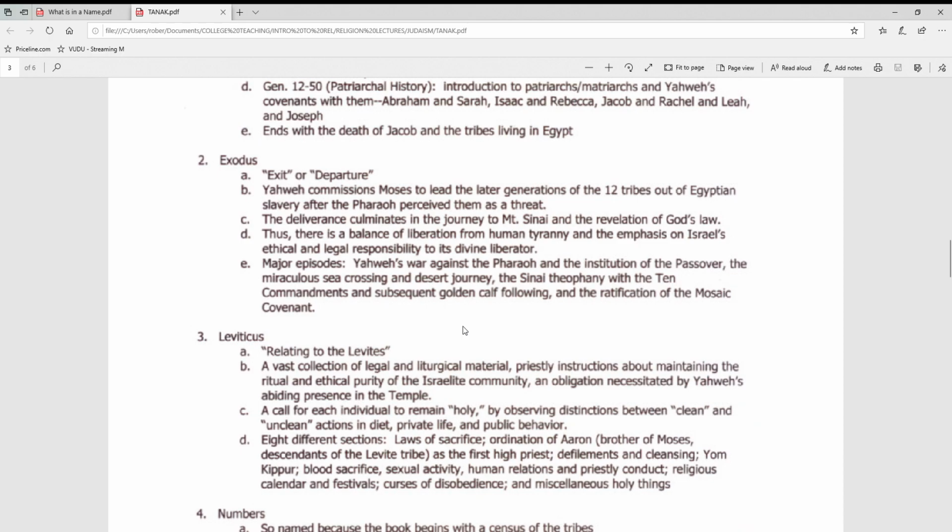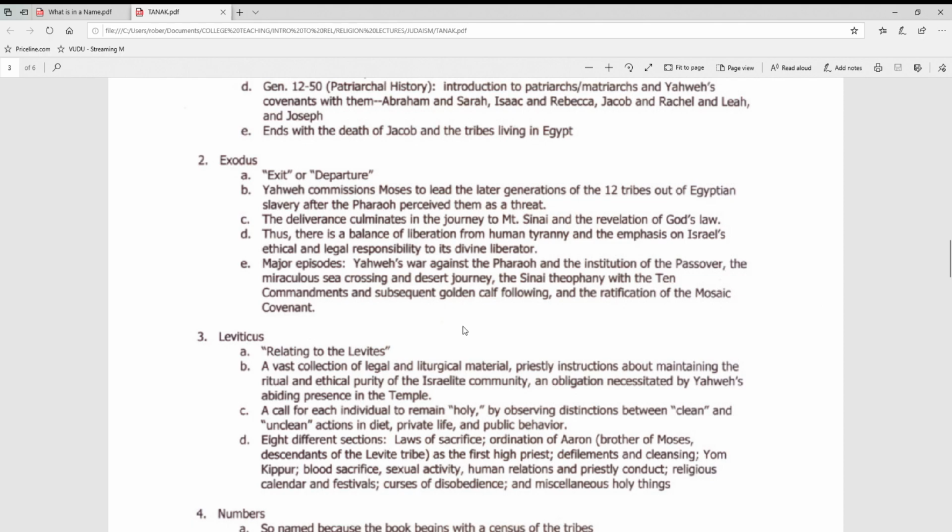Leviticus is where you have a lot of the laws pertaining to the Levites. Levi was one of the 12 sons of Jacob, Israel, thus an older brother to Joseph. This was the priestly tribe. Their obligations were leading liturgical, ritualistic material, ethical purity, clean versus unclean actions in every part of life.